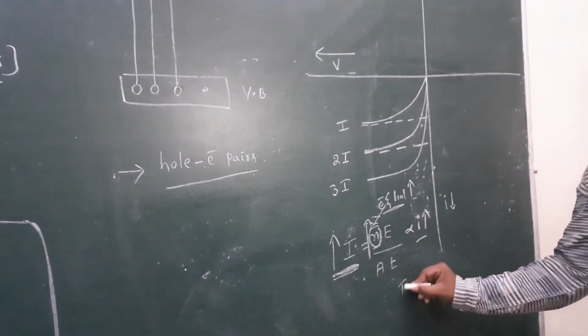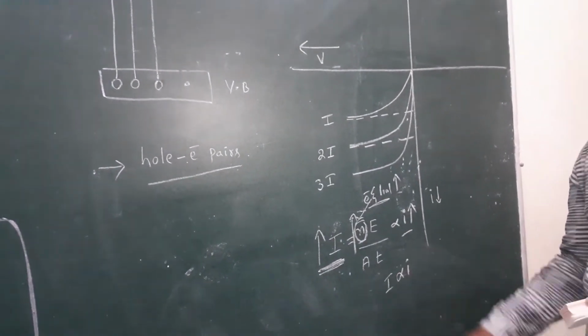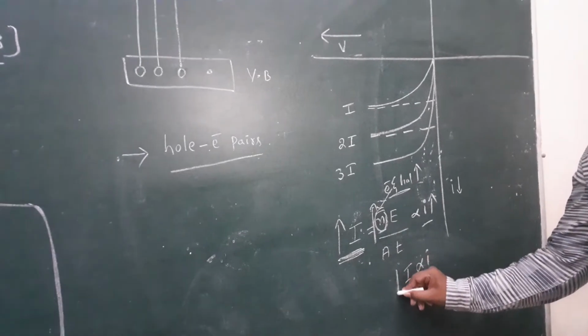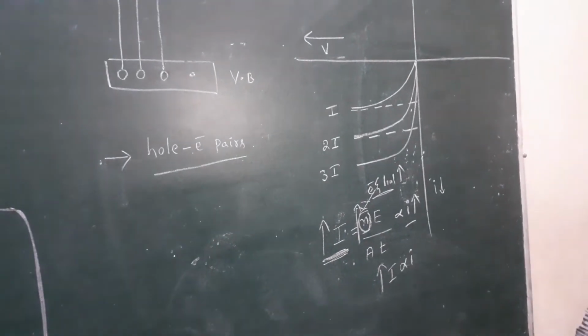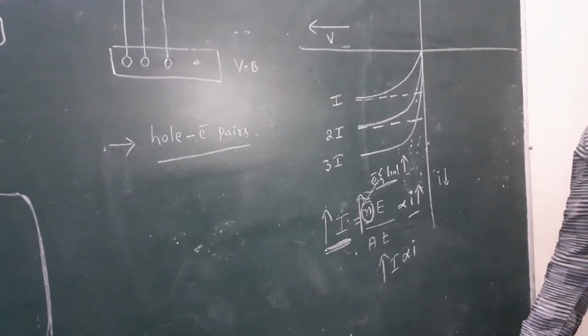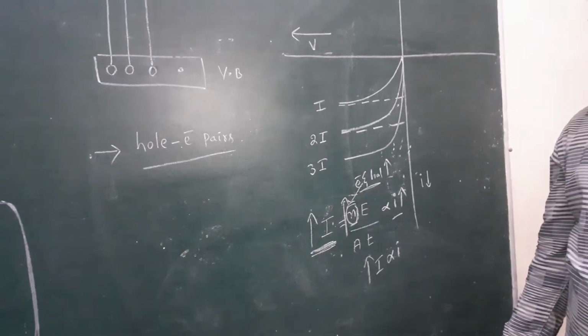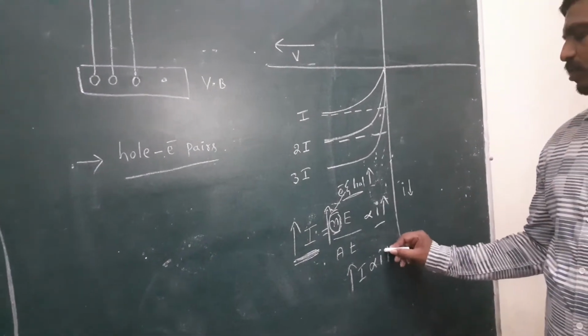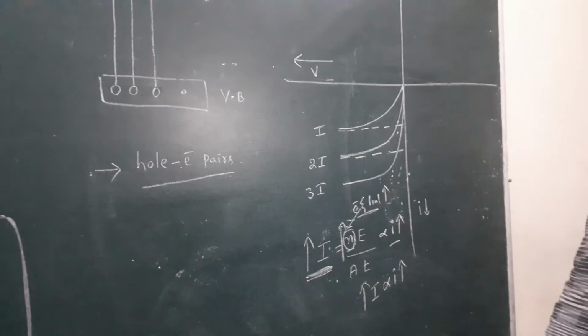That means intensity of light is directly proportional to I. In the photodiode, as the intensity of incident light increases, photoelectric current also increases.